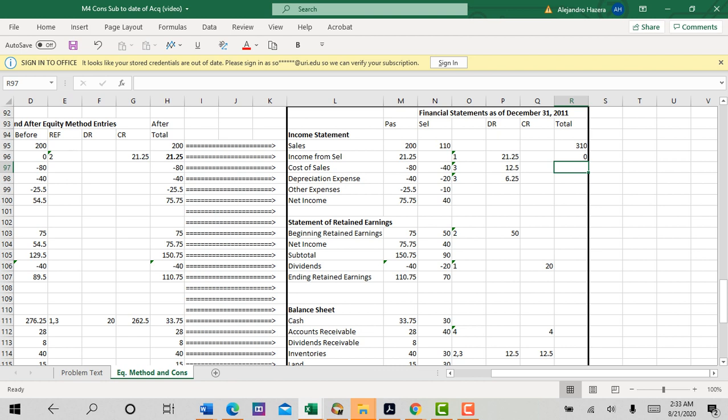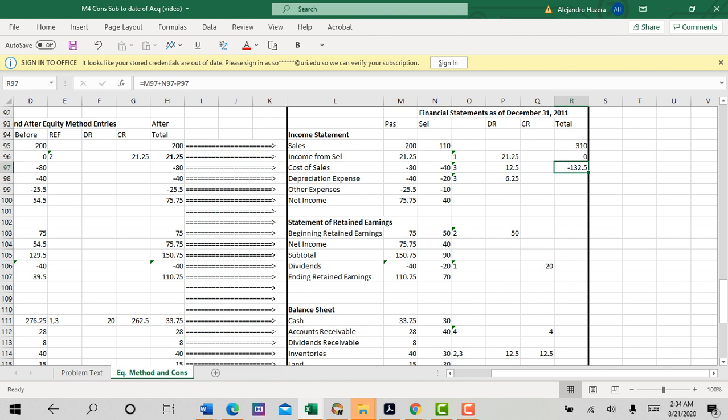Okay, the cost of goods sold is going to be negative 80 plus negative 40 minus a positive 12.5. That should give us 132.5, and that's correct because that debit of 12.5 increases cost of goods sold.